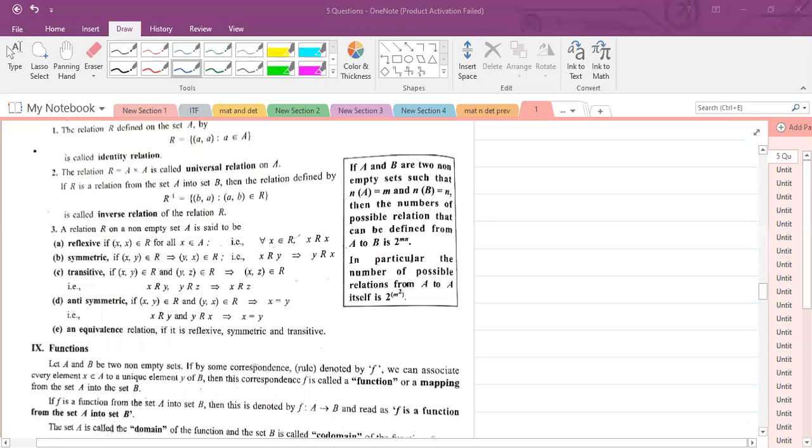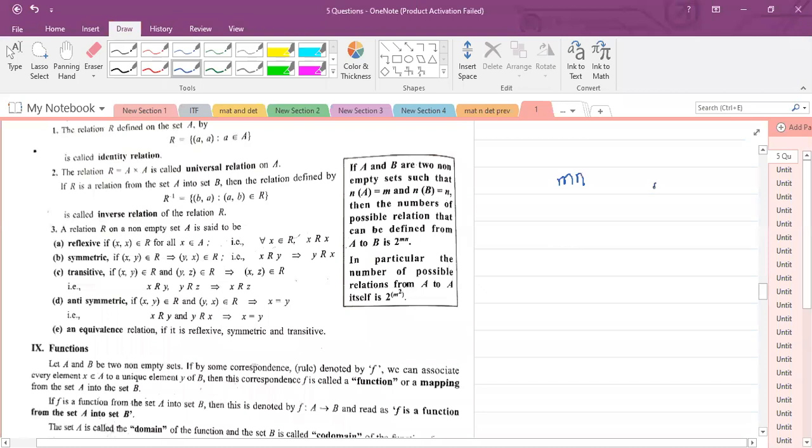One of the important concepts is, if A and B are two non-empty sets such that n of A is equal to m and n of B is equal to n, then the number of possible relations that can be defined from A to B is 2 raised to mn, because m into n elements will be there in the Cartesian product.